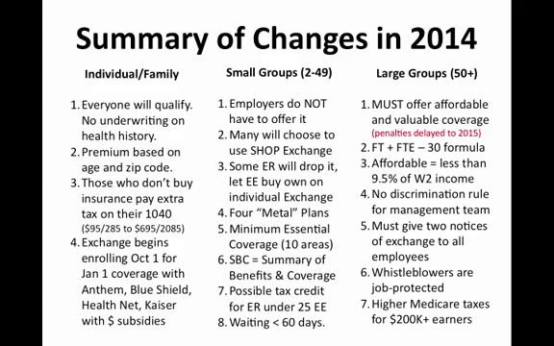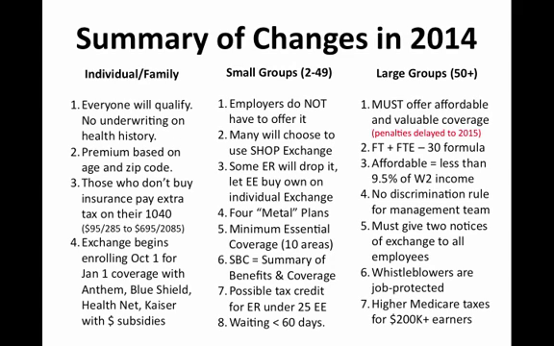So, just briefly, with large groups, you've heard in the news that the penalties of $2,000 per employee per year has been delayed until 2015. And yet all the other laws and regulations regarding this healthcare reform are still in play. So large employers shouldn't take too much relief in that because it's still coming down the road pretty fast.